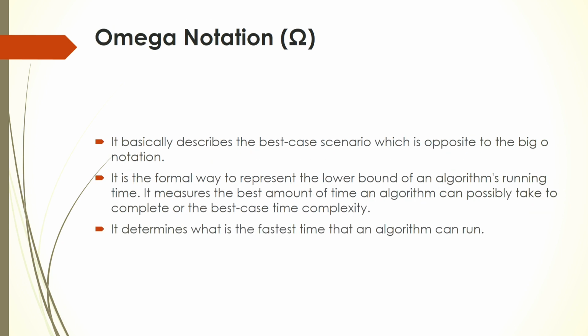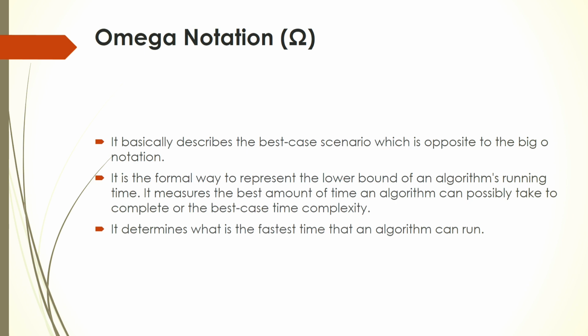The second one is omega notation. It basically describes the best case scenario, which is the opposite of big O notation. It is the formal way to represent the lower bound of an algorithm's running time. It measures the best amount of time an algorithm can possibly take to complete, that is, the best case time complexity.